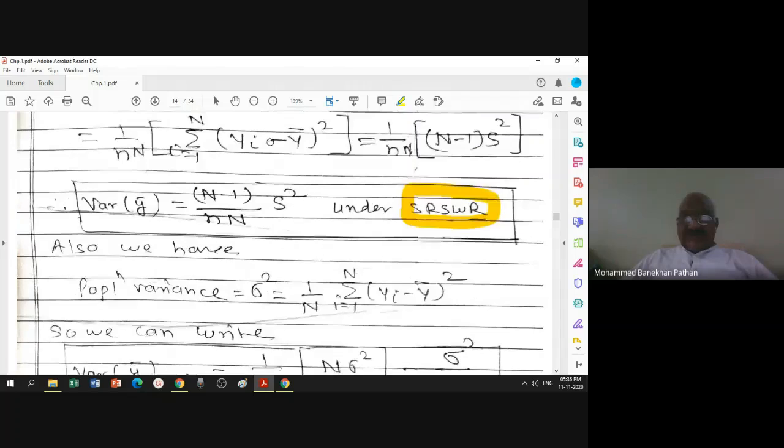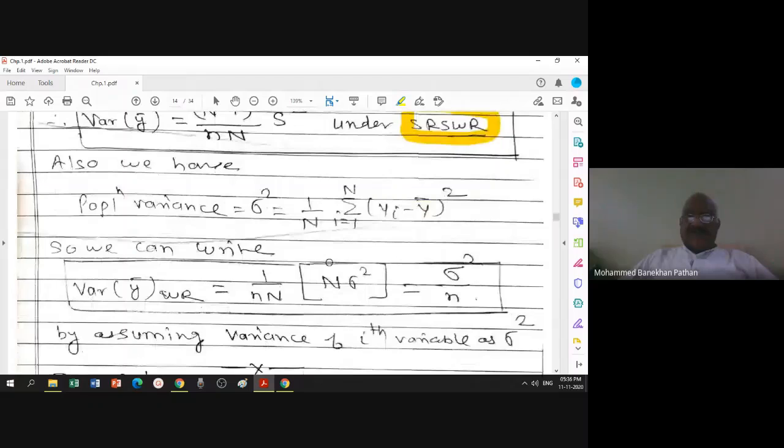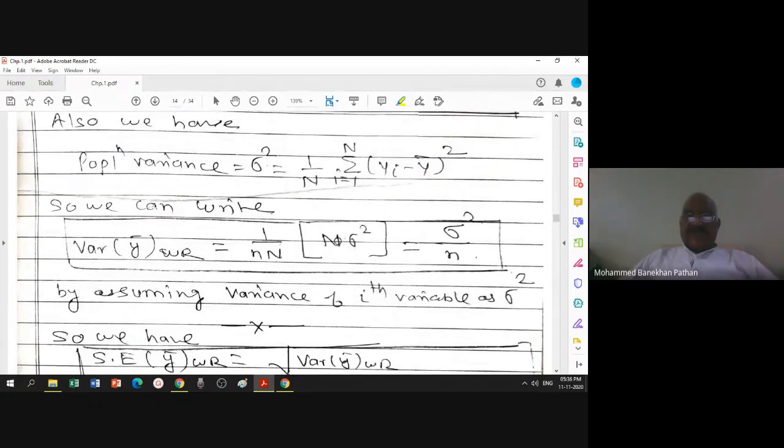Again, this quantity is there, you can see. So this is nothing but N times sigma square. So I replace there, and this N gets cancelled with this N. So variance of sample mean under with replacement is sigma square by small n.